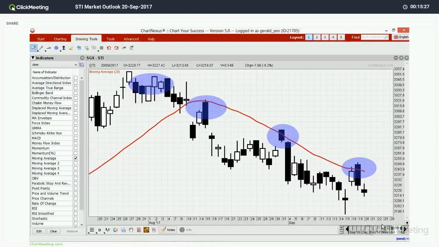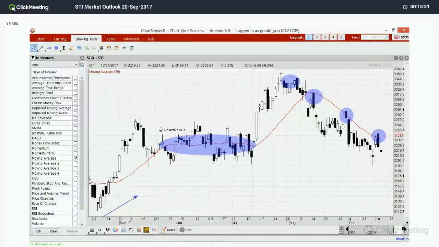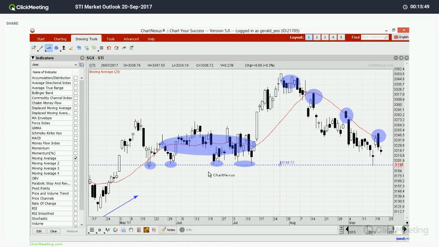Now take a look back at the June-July period. We can see that there are several points where the STI refused to go any lower when it came to test the 3190 level. If I were to draw a line across 3190, you'll probably see that it has been testing it on several occasions.